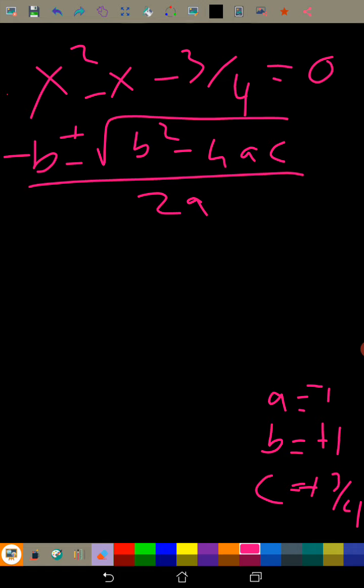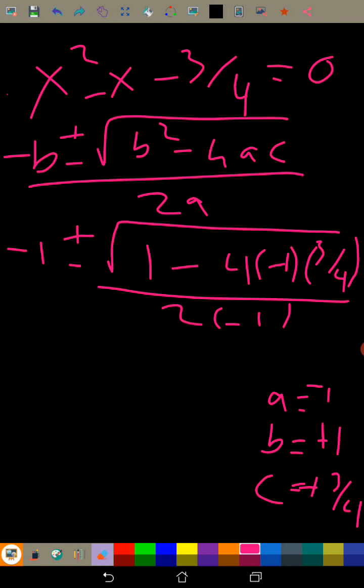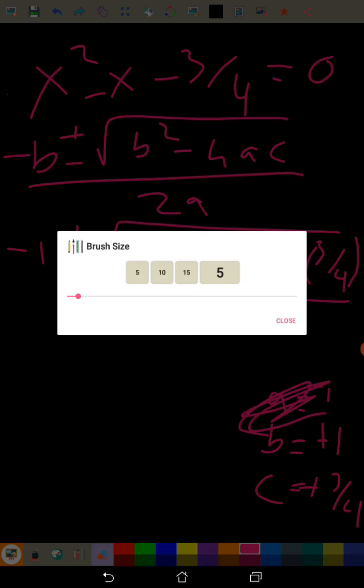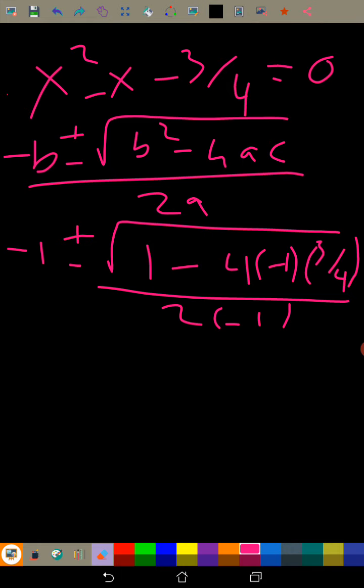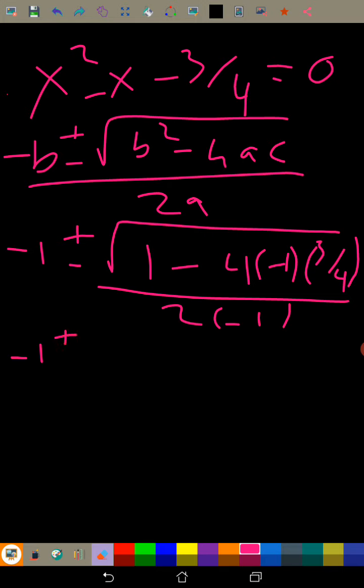So then I get minus b, which is 1, plus or minus the square root, where b squared is 1, minus 4 times 1 times minus 3 over 4, divided by 2a. 2a is 2. So we're getting there, guys. Let's do this: 1 plus or minus the square root of 1, and it's going to be plus.